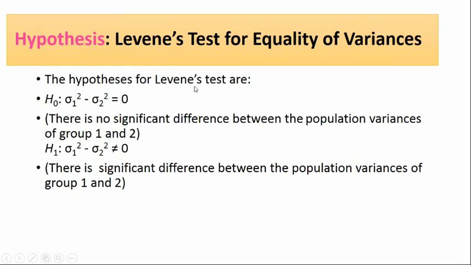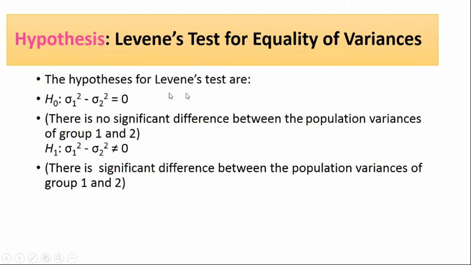Friends, I was discussing the test. How to check in our data set when we have a large file? To check the homogeneity of variance, or equality of variance, we apply Levene's test.